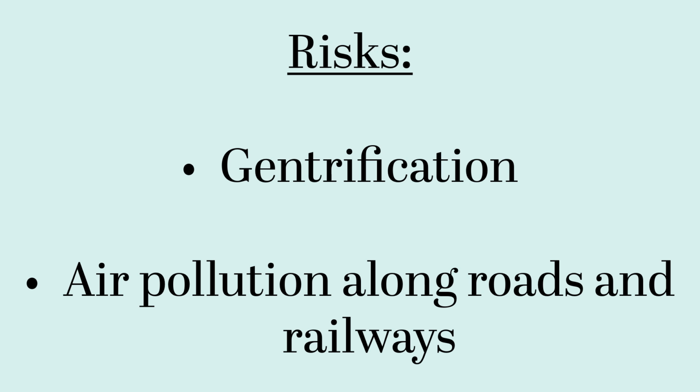The two main risks that continued to come up in the literature were, one, that gentrification was possible because parks that had better amenities and better resources were preferred to be put in richer areas than poor areas. And the other was that there was an issue with air pollution, because putting parks and green spaces on the side of roadways and railway lines leads to more pollution in those parks.